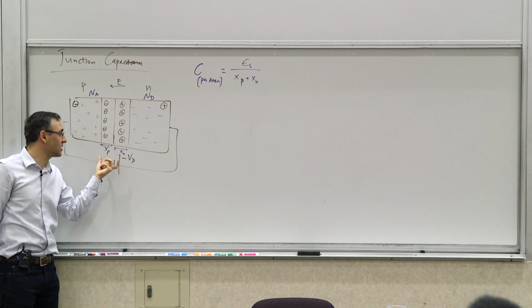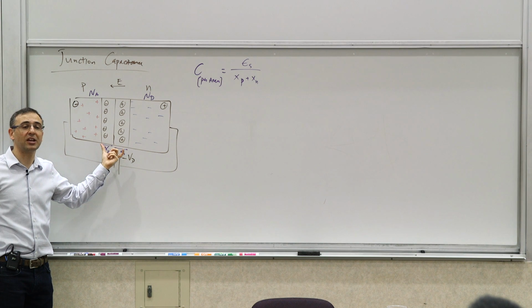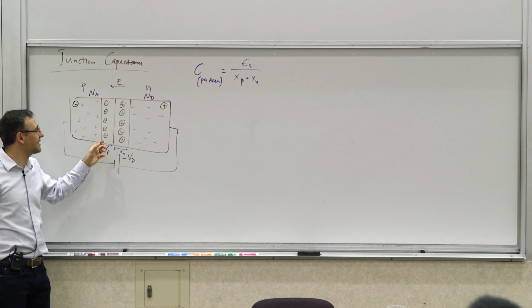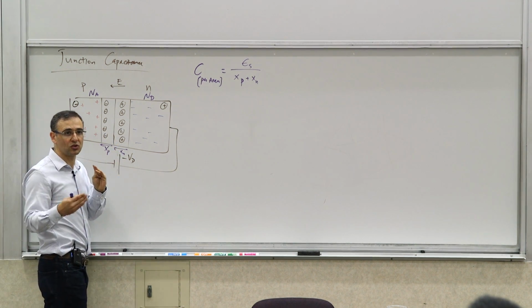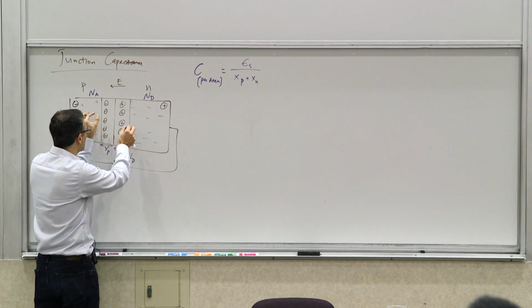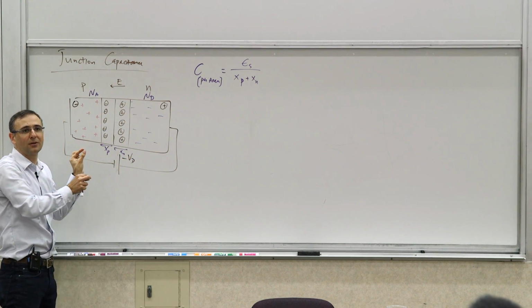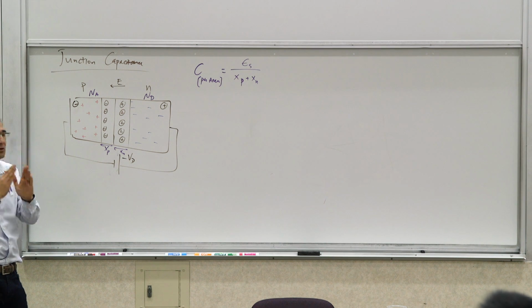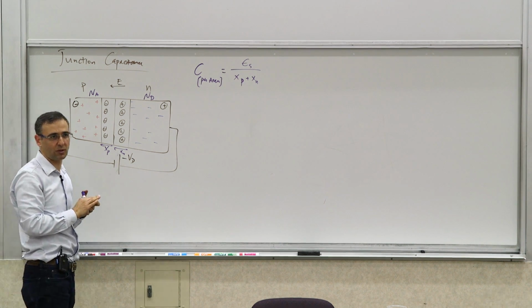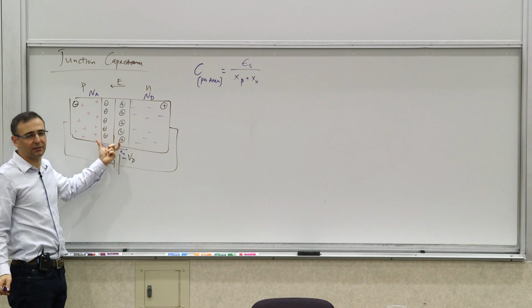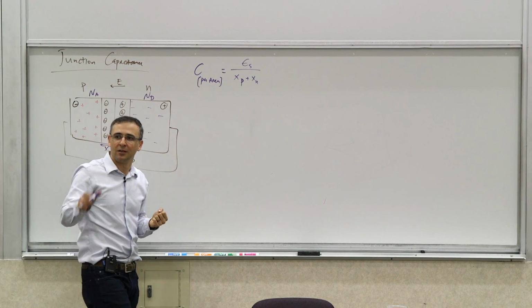So I'm not making the assumption that this width is not changing. What I'm saying is that the variations in the total charge that goes in and out of this device come from the edge, from that transition point. So that's basically what I'm trying to say. Once we do the calculation, I think it becomes a little more clear what I mean.